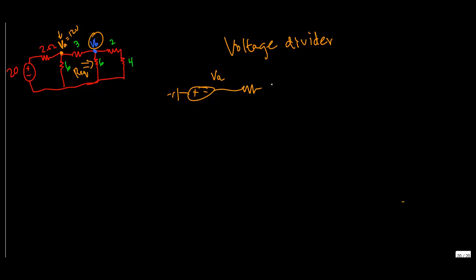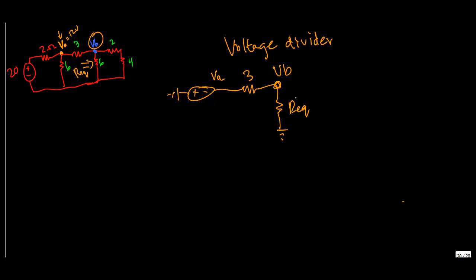Then it goes through a 3 ohm resistor, which now here's VB, as opposed to here where there's a 20 volt source and 2 ohms. So now we're redrawing it for VA, what that might look like for VB, and VB has some sort of R equivalent here.